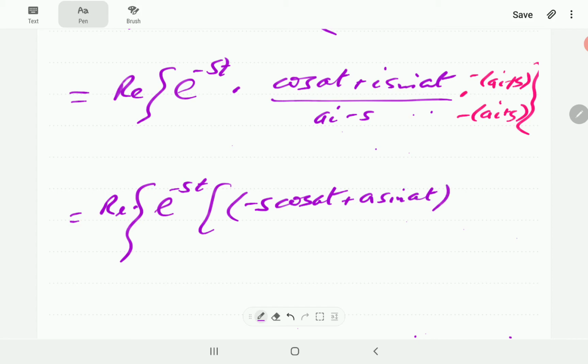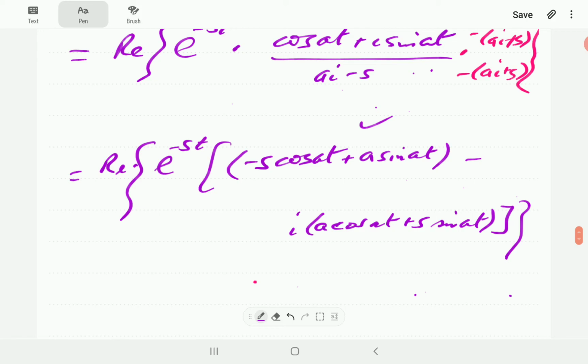So those terms are going to be real. And then the other terms, just for completeness sake, are going to be a cosine at plus s sine at. But our main interest really is in this one here. And the denominator, of course, is going to be this times this. It's going to be a squared plus s squared.